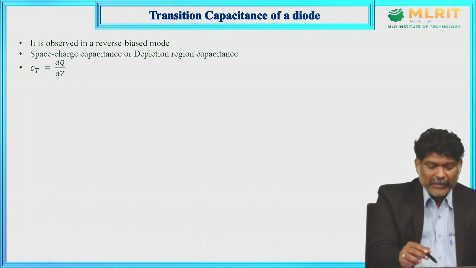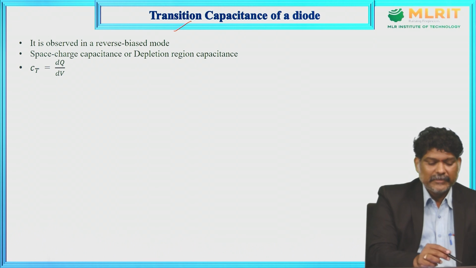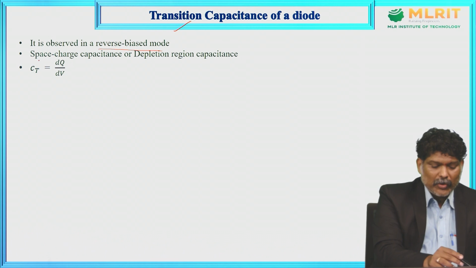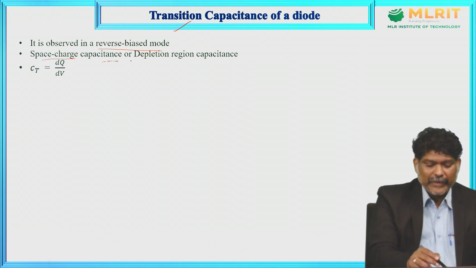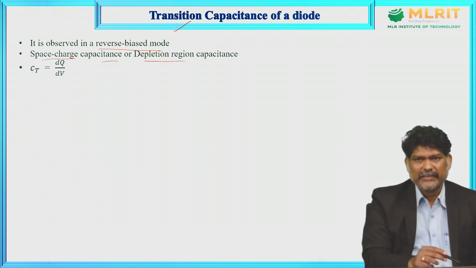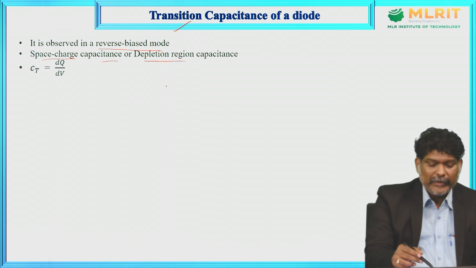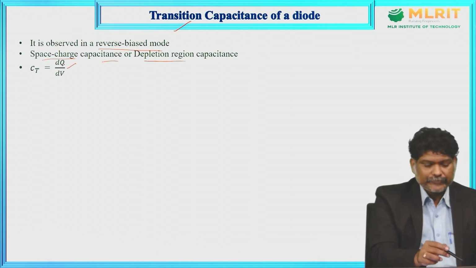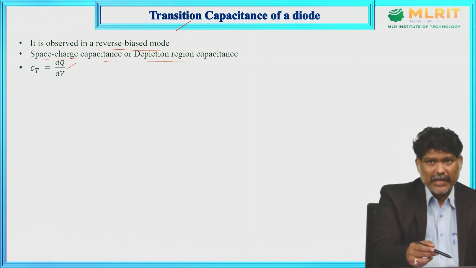Particularly, the transition capacitance is observed in the reverse bias diode, and it is also called space charge capacitance or depletion region capacitance, and there are many other names. The expression for the transition capacitance is CT equals dQ by dV, where dQ is the change in the charge for the change in the applied voltage.